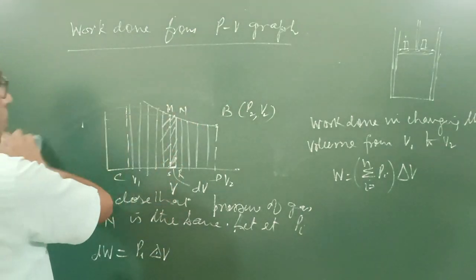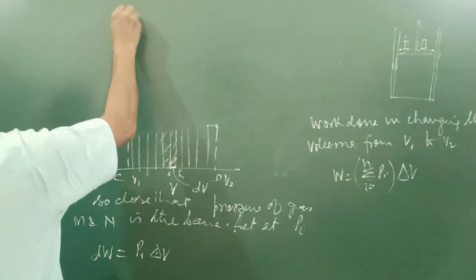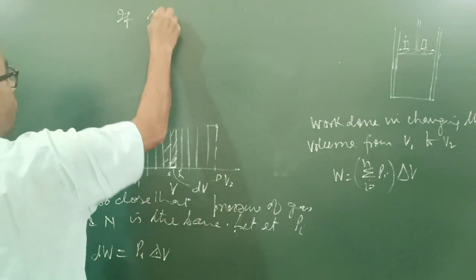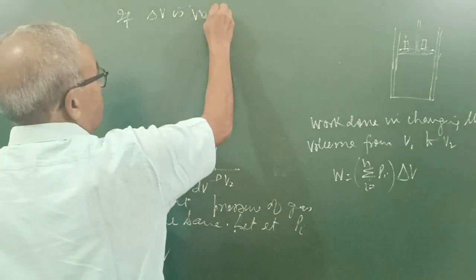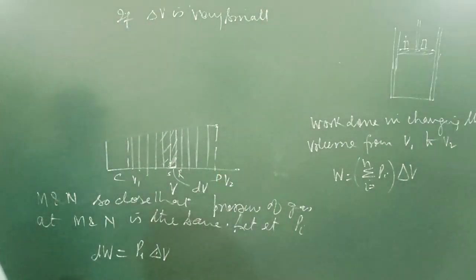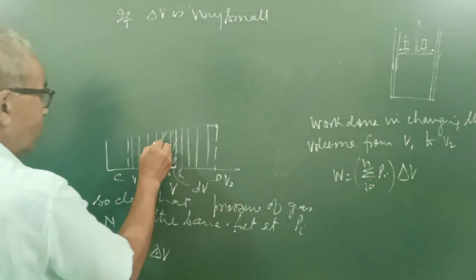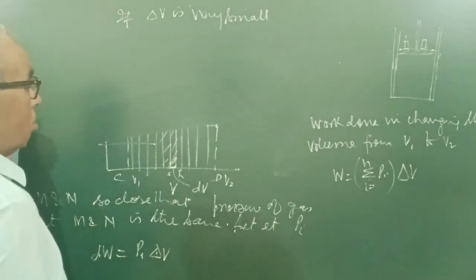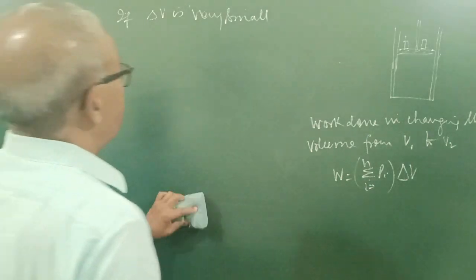Or if delta V tends to 0, if delta V is very small, how small? So small that the pressure for the given width remains the same.